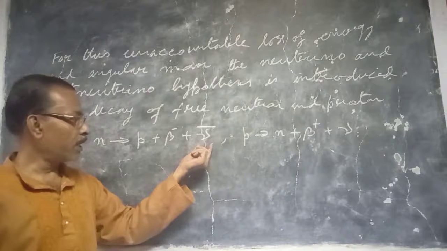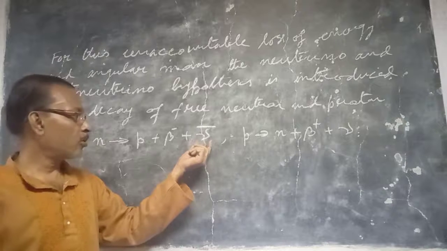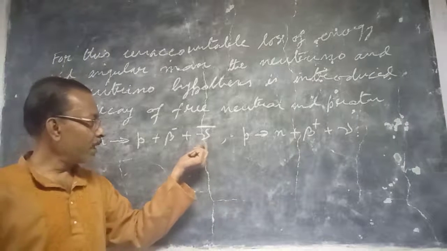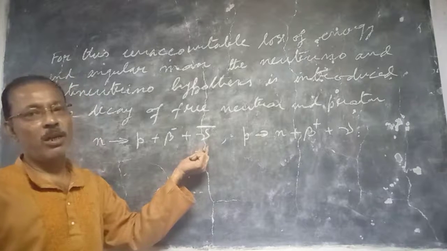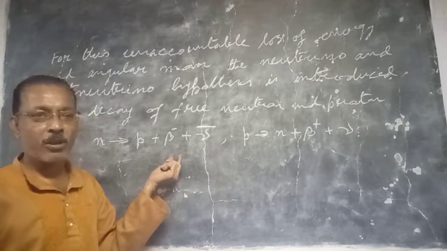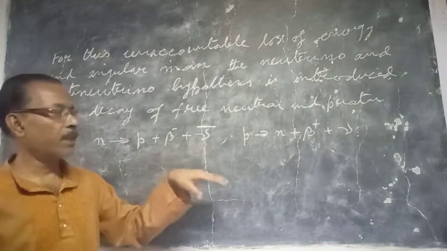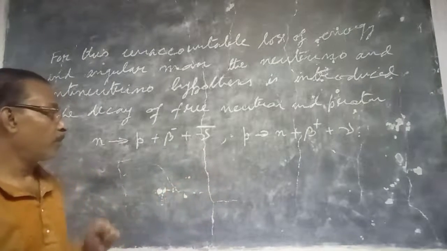Since this particle is also emitted, it must carry very little energy. That means its mass must be very small compared to the electron. Therefore, as three particles are involved, the continuous distribution of the energy curve is understood.